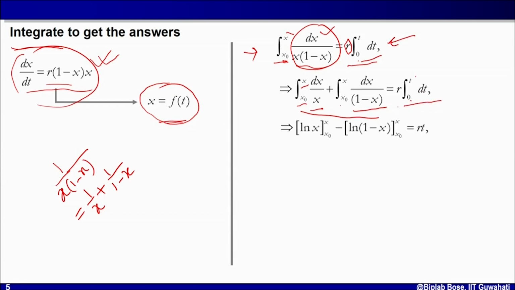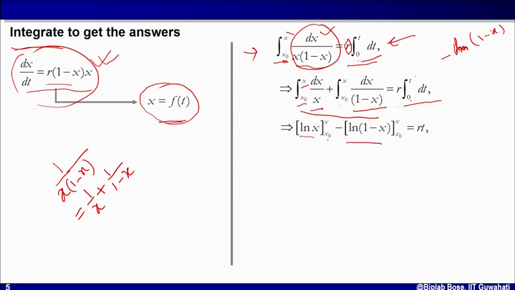Moving further, using the simple formula of integration, dx by x when integrated gives ln of x. When I integrate dx by 1 minus x, we get minus ln of 1 minus x. So that is shown here.